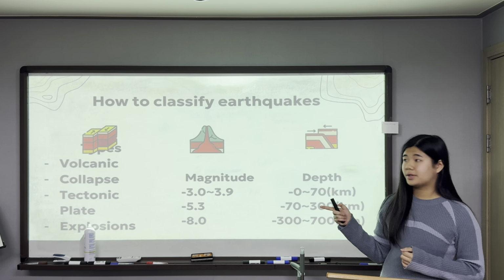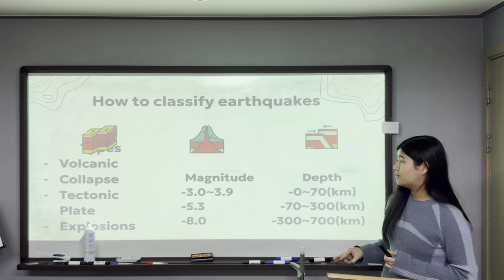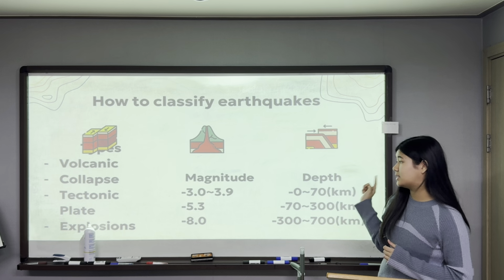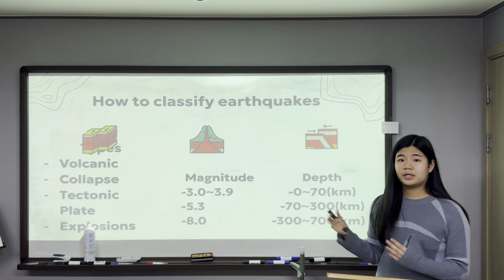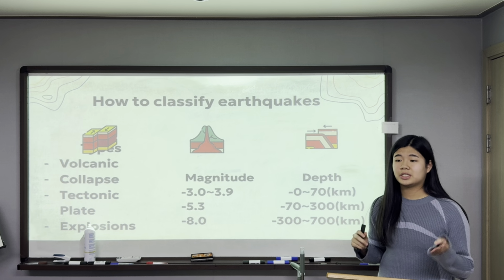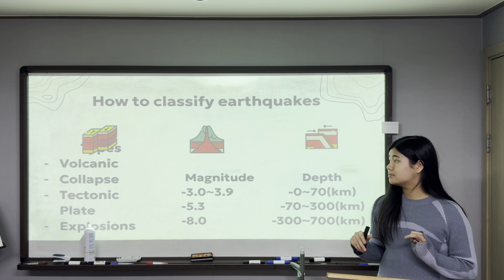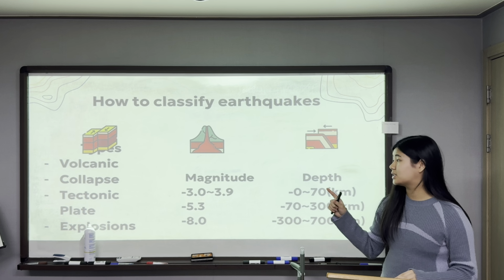Next is classifying earthquakes into 3 types. First is type, second is magnitude, and last is depth. The types are categorized by the causes, such as volcanic explosion, collapse, and also tectonic plates, as I explained before.